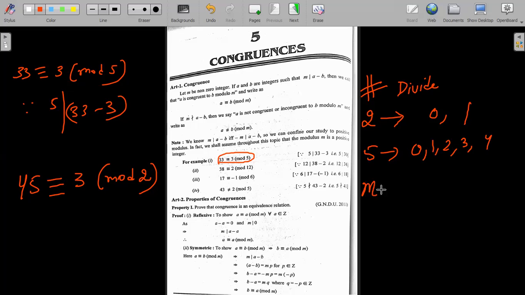Similarly, if you divide any number with M, what are the remainders? 0, 1, 2, 3, and so on up to M minus 1. तो बेटा प्लीज जब भी रिमाइंडर लेना है, एक चीज देखनी है, रिमाइंडर हमेशा उस नंबर से छोटा होता है जिससे आप डिवाइड कर रहे हो.